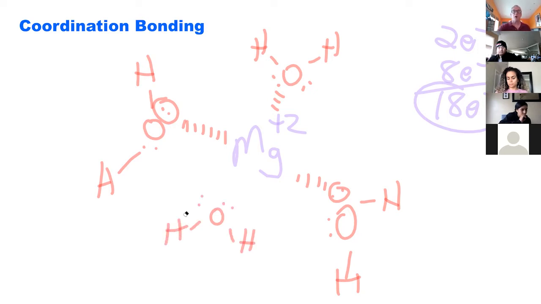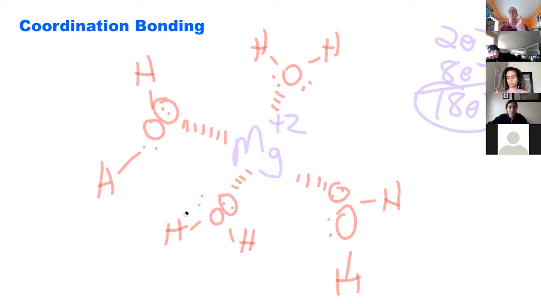So a coordinate bond is the sharing of a lone pair with another atom, so both of the electrons from this bond come from one of the partners, which is different from the normal covalent bond where you have an unpaired electron. Generally, those are all unpaired electrons, and you have one from each atom.